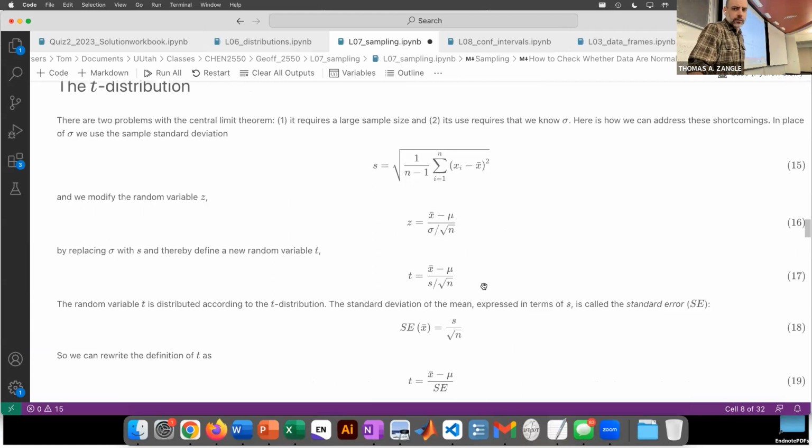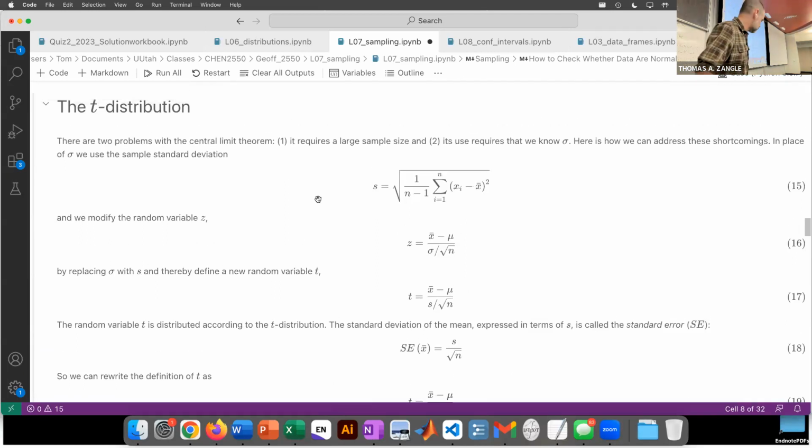But in the interest of getting to this piece, which we need to set up our discussion on confidence intervals, we're going to talk about the t distribution.